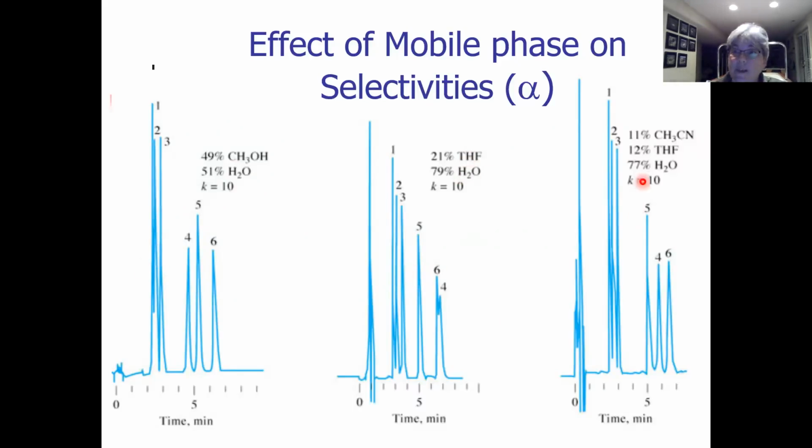Here they tried water, THF, and acetonitrile, and this is better, but this is still not great. So that's why it's trial and error. You just have to keep trying them till you find a solvent system that works. And sometimes you might have to do the gradient elution, get a system that works pretty good for these 3 and then change it to get these 3 or something like that.